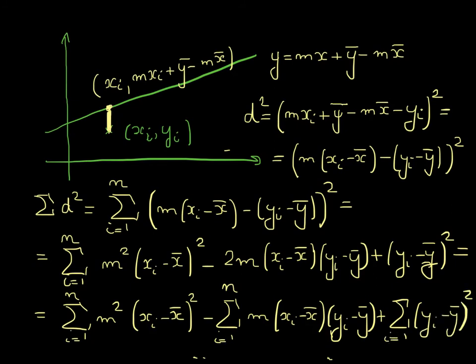Let us remember that we started with an expression in m, so this m does not depend on i, so I can put it in front here, and I end up with a quadratic expression in m, which I'm going to write on the next page.